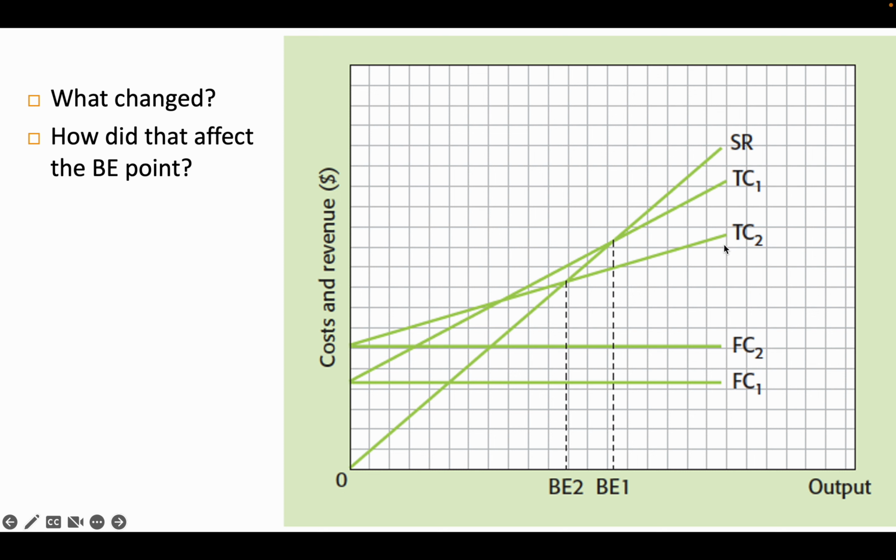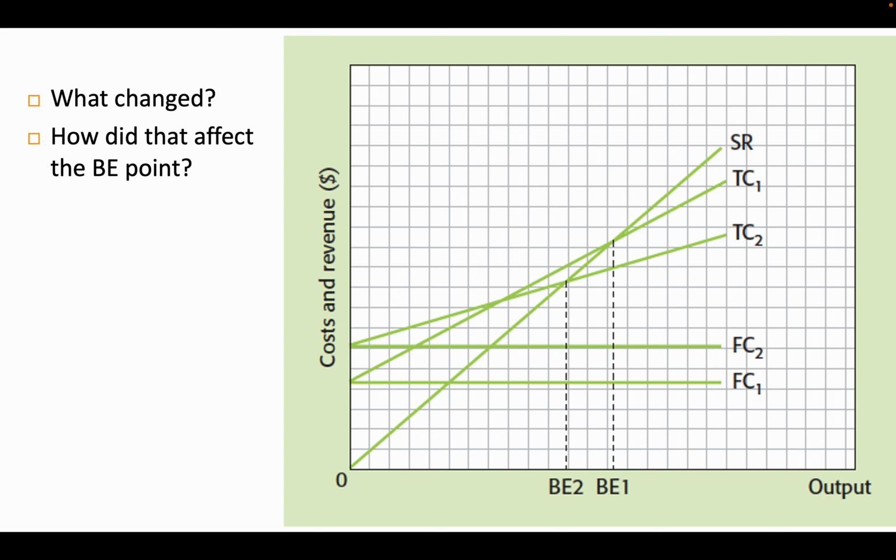How come the total cost line decreased even though the fixed costs have increased? So probably they're experiencing some big change that is affecting both their fixed costs and their variable costs. For example, maybe they move to a different country where the fixed costs are higher, but somehow the variable costs are lower.